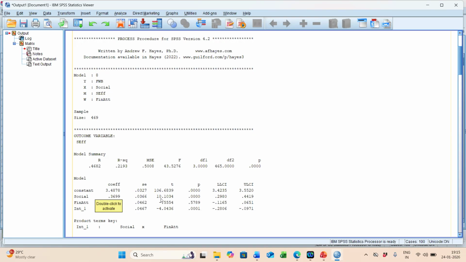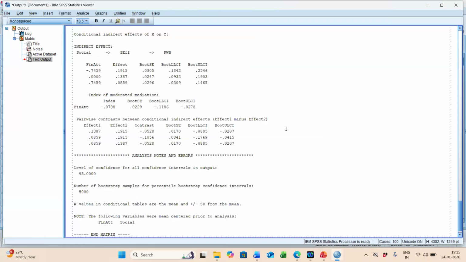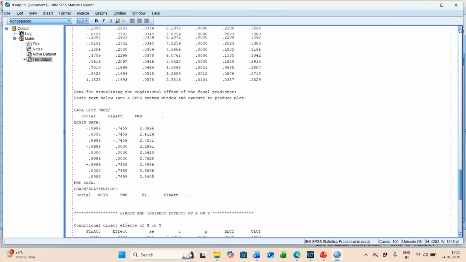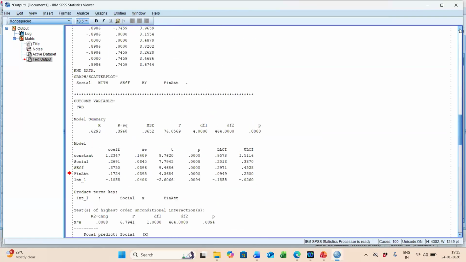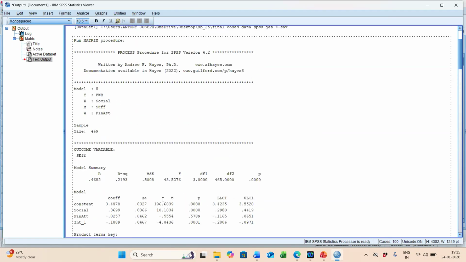Here, the effect of socialization is significant, as the p-value is less than 0.05. But if you look at financial attitude, the significance value is more than 0.05.